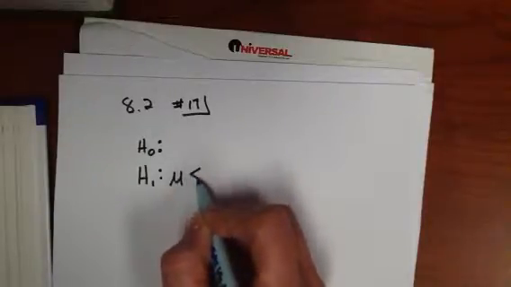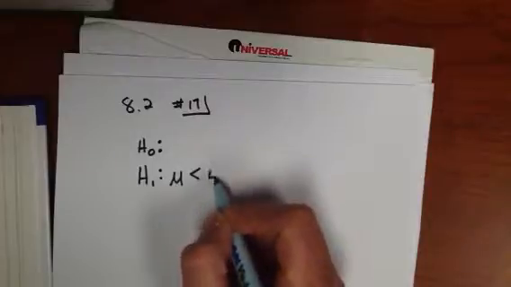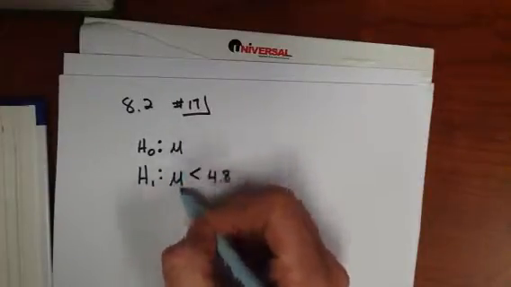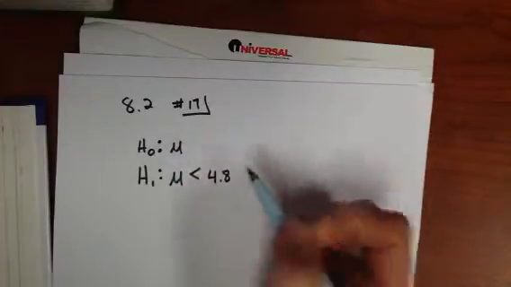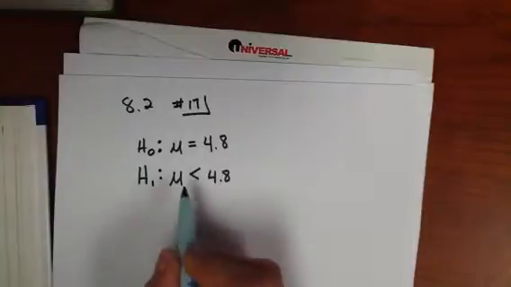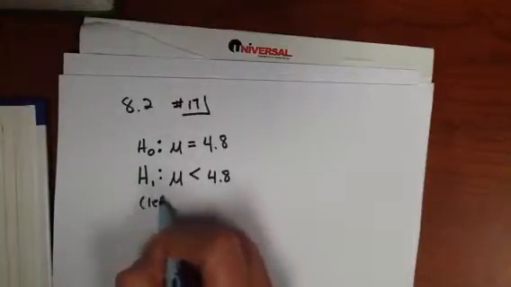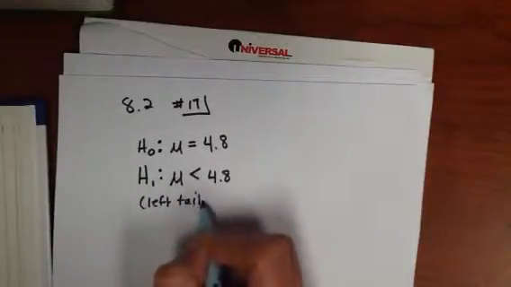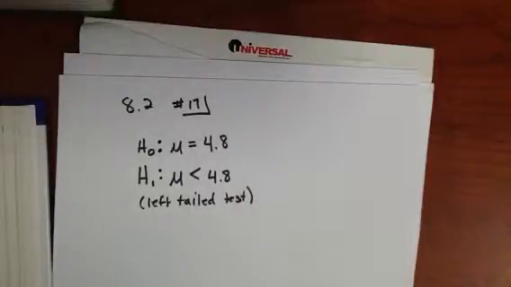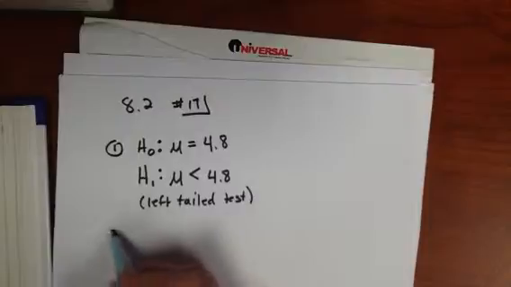Lower means less than, or points to the left, 4.8. The null is assuming that our mu, the population mean that we're testing, is equal to 4.8. Since this points to the left, we know this is a left-tailed test. Okay, that's our step 1.